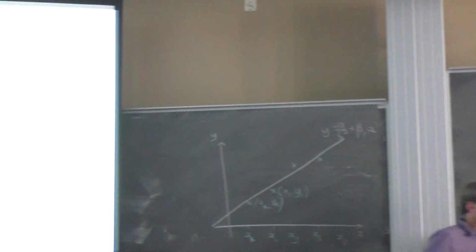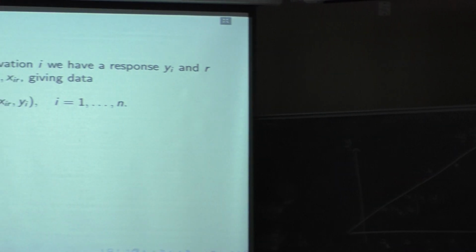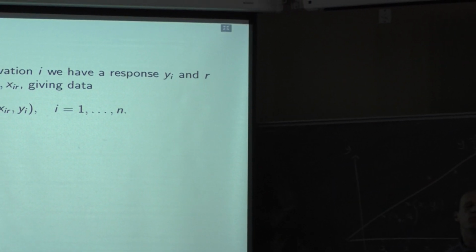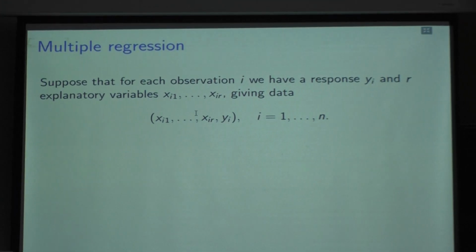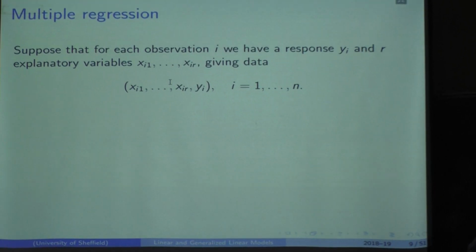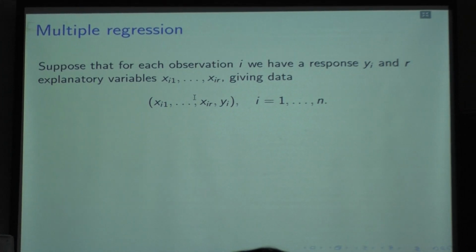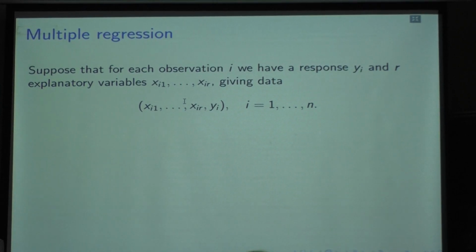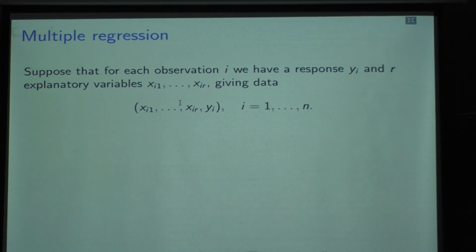Okay, so the most natural generalisation, and one which is going to fit with the motivating example that I gave at the beginning of the lecture, is where instead of having one explanatory variable, as we have here, for each value of the dependent variable, we have lots of explanatory variables.